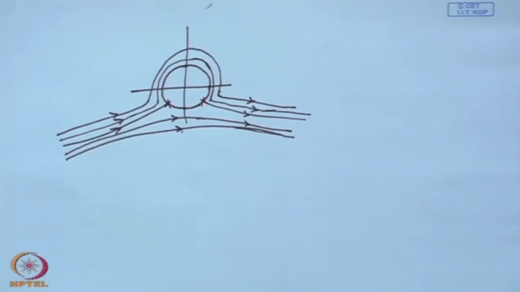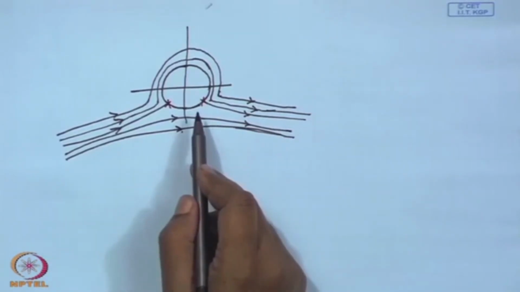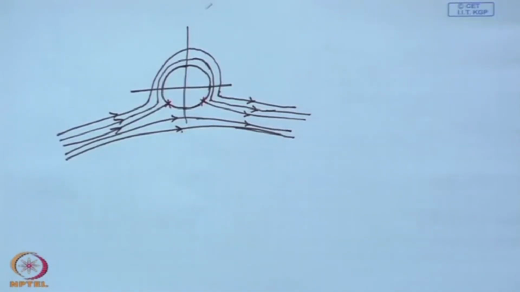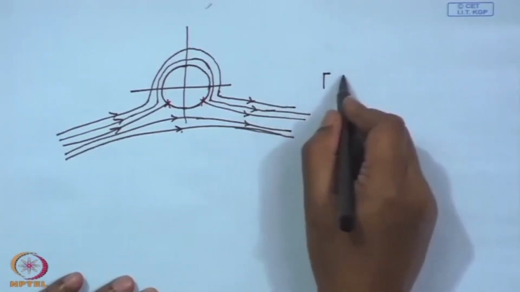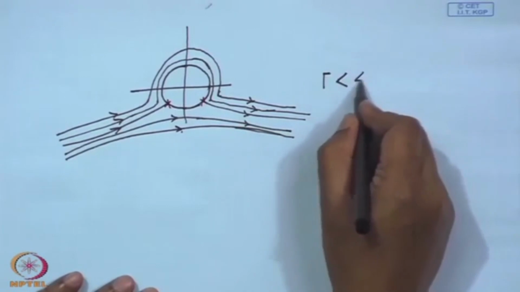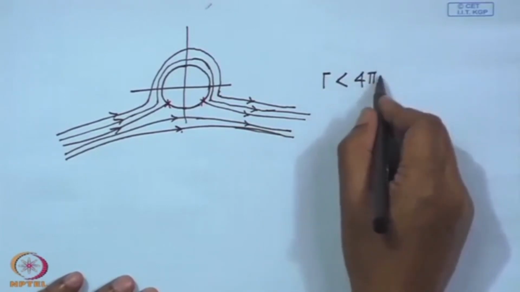As an example, if gamma is equal to 4 pi r u infinity, what will happen then? See, this is what we have seen when gamma is less than 4 pi r u infinity. This is the situation when gamma is less than 4 pi r u infinity.